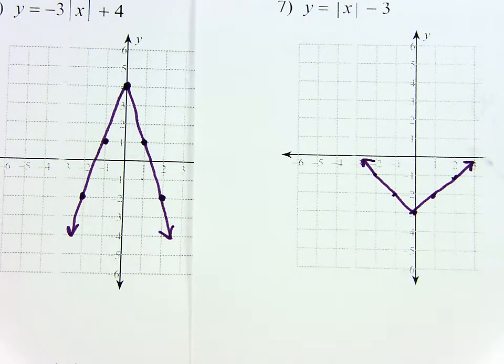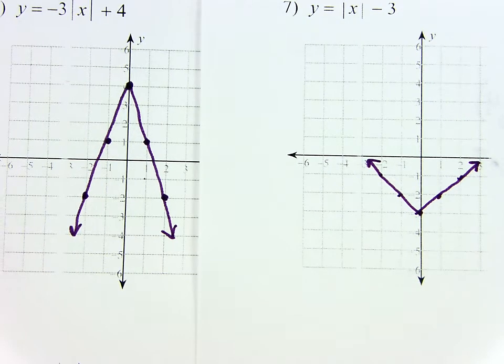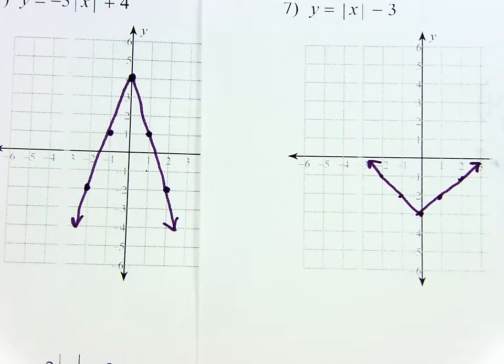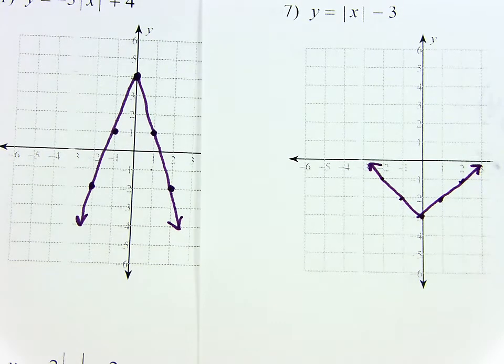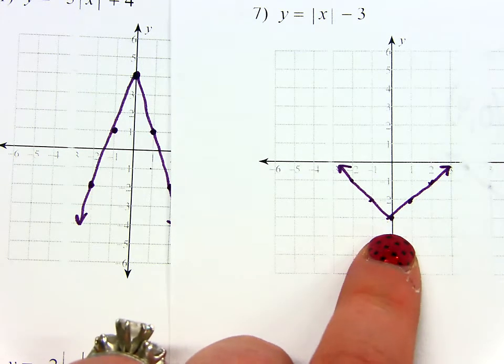So what would you expect if A had been 5? What would it have looked like? Even more narrow than that one. So the bigger A is, the more narrow your graph gets. Because think about it, it's a steeper slope. So how would I get a graph that's wider than this one? Fraction.